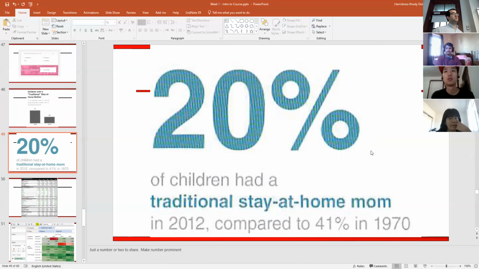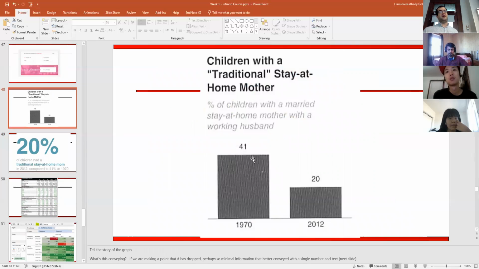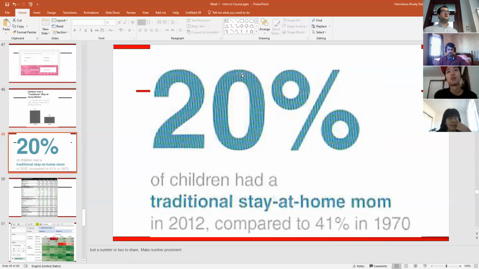Here you don't need to search for the data. You can easily understand 20% of children had a traditional stay-at-home mom in 2012 compared to 41% in 1970. So here, finding 20% is more challenging, but with a bit of visualization and creativity, you can easily transfer the information.